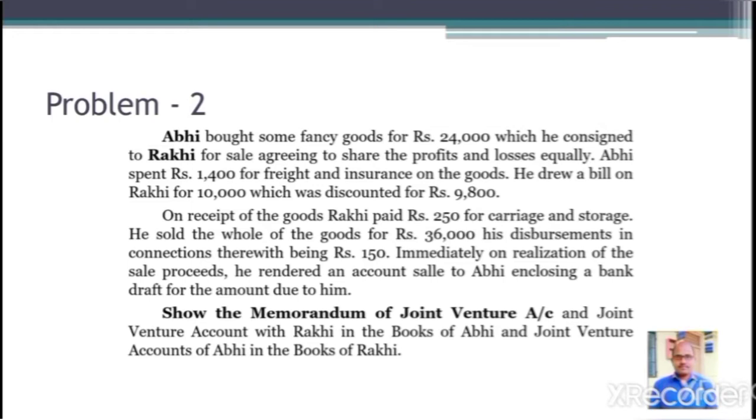He sold the whole of the goods for rupees 36,000, his disbursement in connection therewith being rupees 150. Immediately on realizing the sale proceeds, he rendered an account of sale to Abhi, closing the bank draft for the amount due to him. Show the memorandum joint venture account and joint venture account with Raki in the books of Abhi and joint venture accounts of Abhi in the books of Raki.